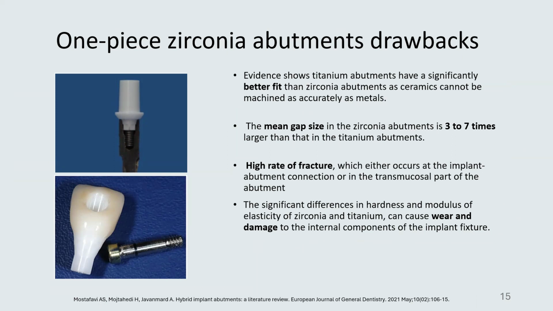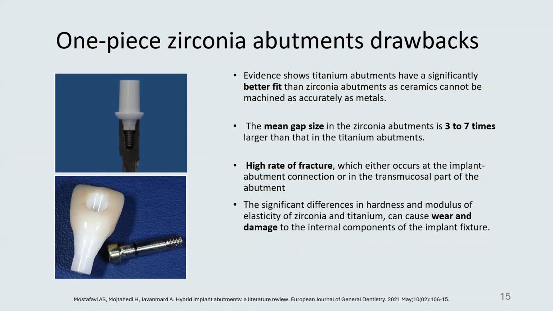The zirconia cannot be machined as accurately as the metals. The mean gap size in zirconia abutments was reported to be 3 to 7 times larger than in titanium abutments. And the other big problem is the high rate of fracture because these materials are brittle. The zirconia is brittle.